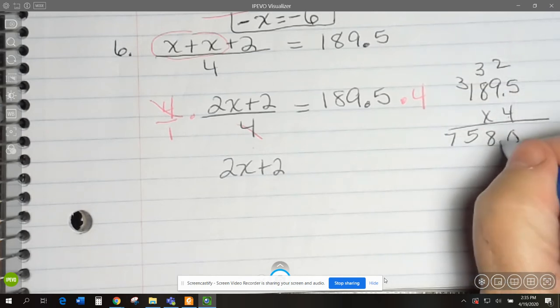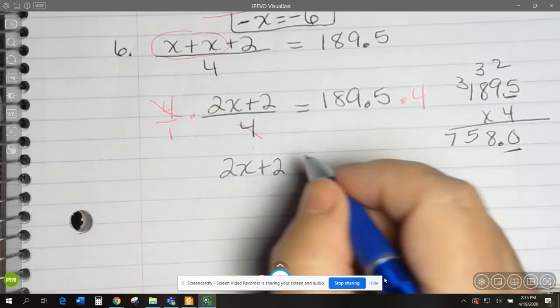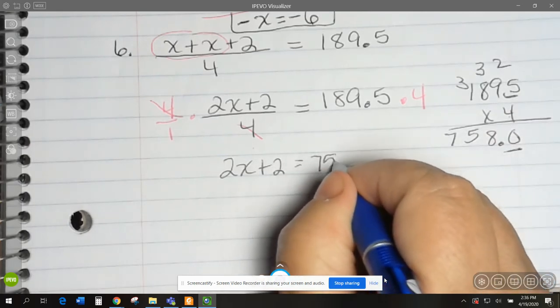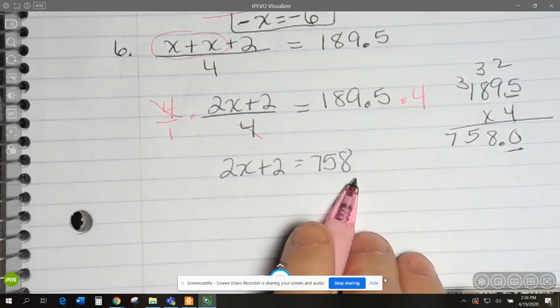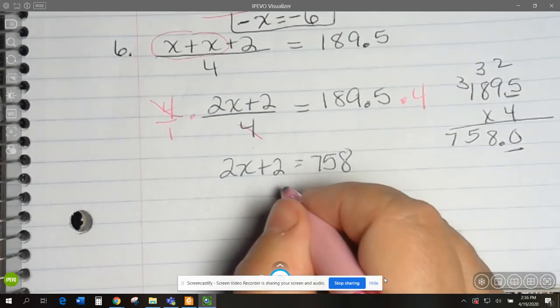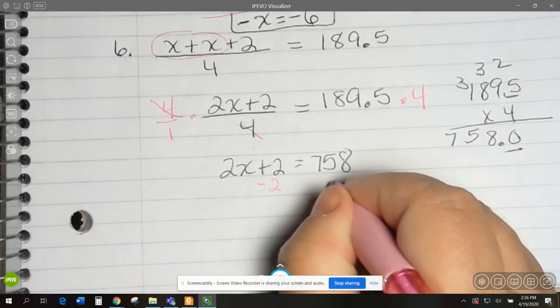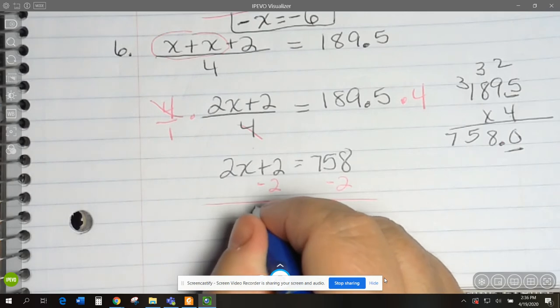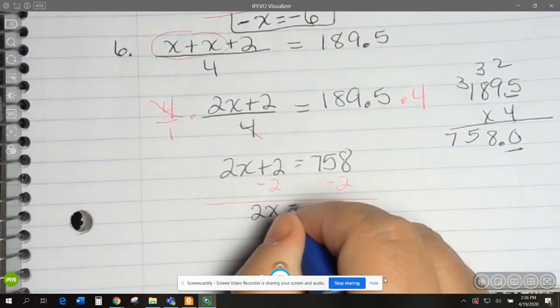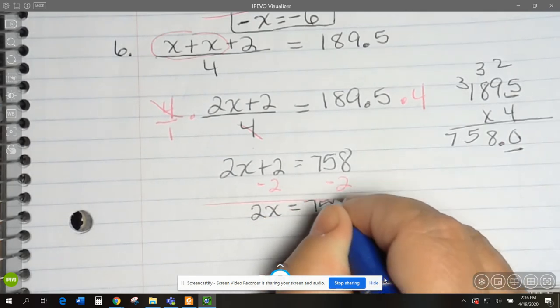We have 1 decimal point in our problem, so we have 1 decimal point in our answer, so it equals 758. Now we have the plus 2. So we want to subtract 2 from both sides. So we're going to have 2x equals 756.